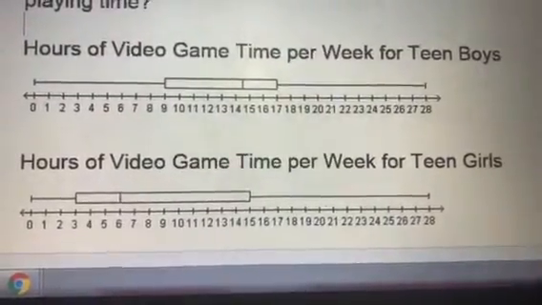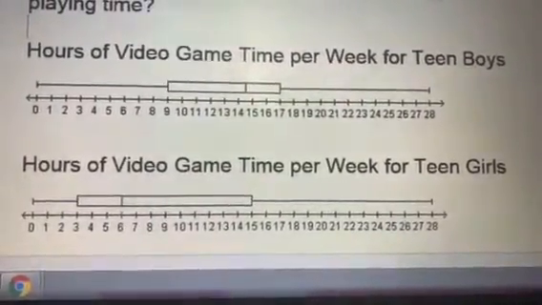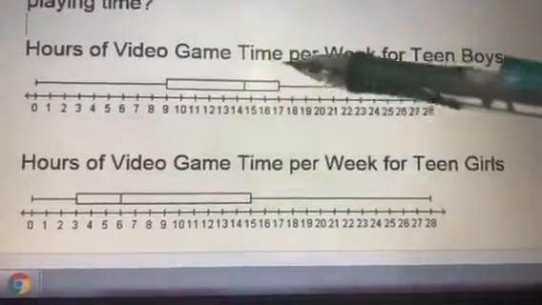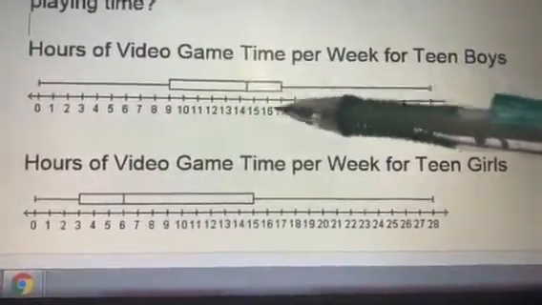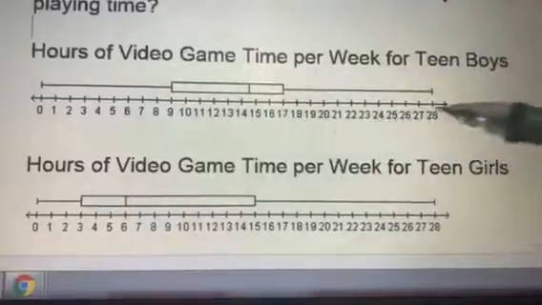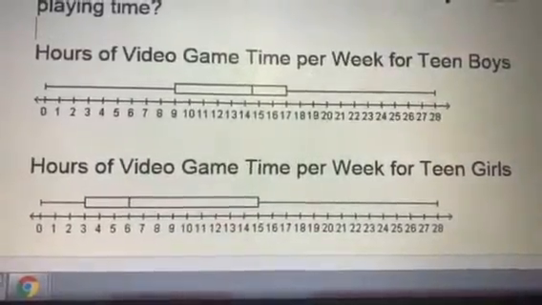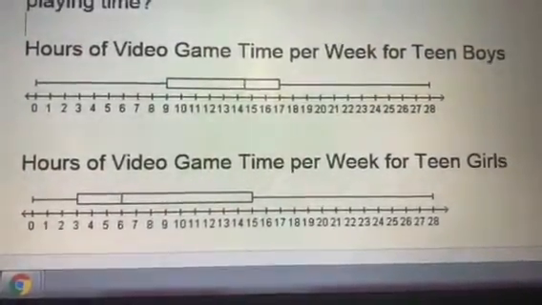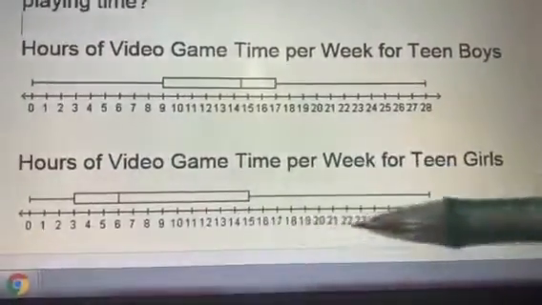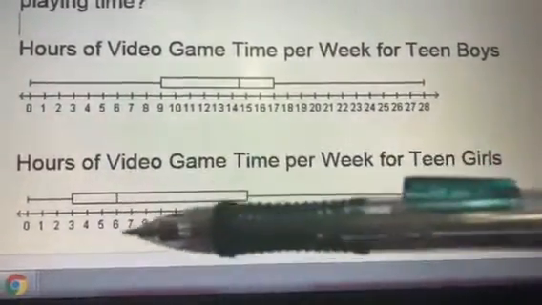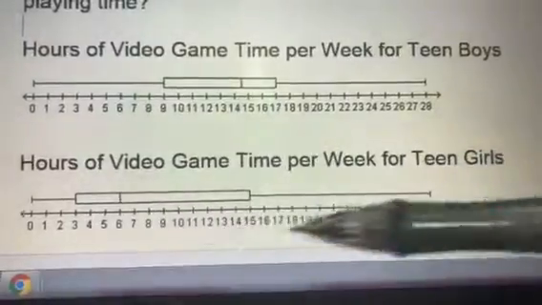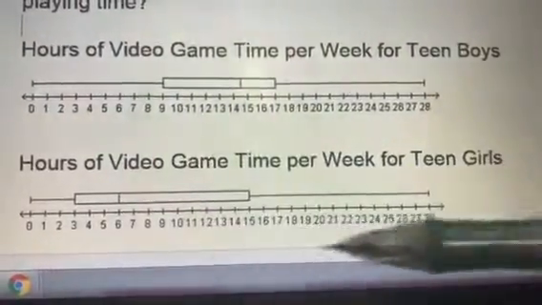Well, that tells me that 50% of the boys watch more than 14.5 hours of video games, whereas 50% of the girls watch or play between 6 and 28 hours of video games.